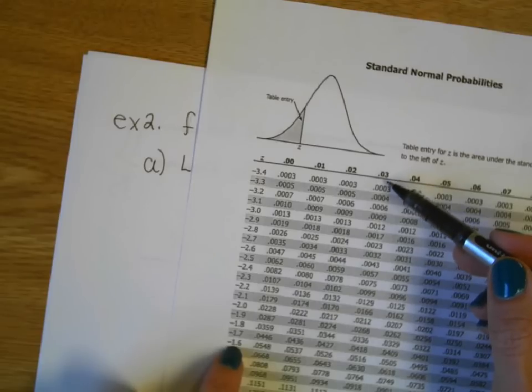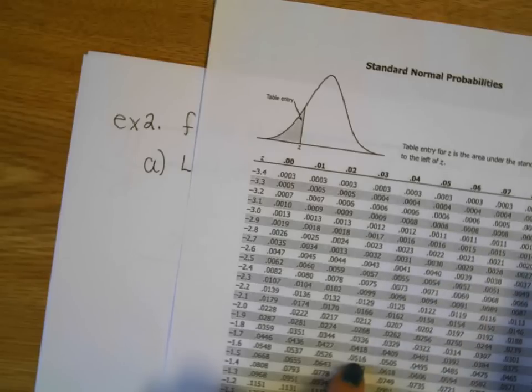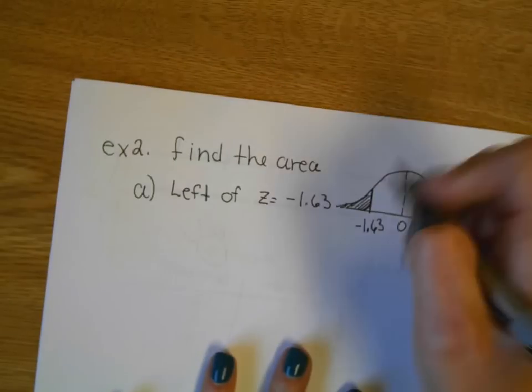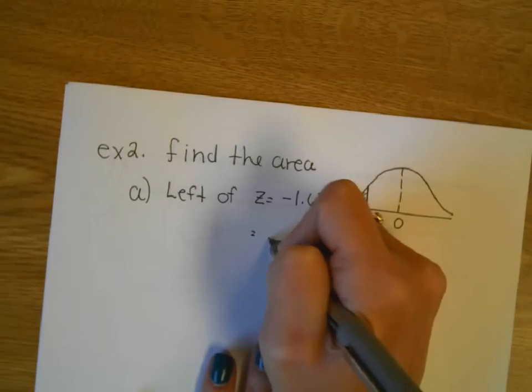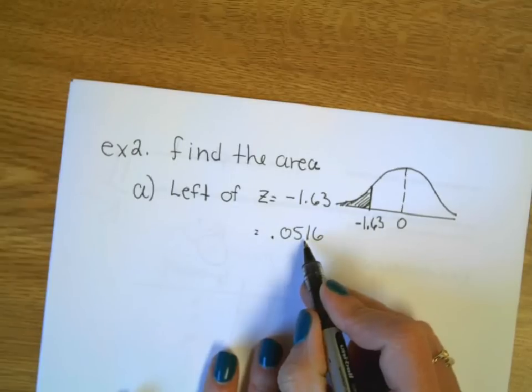I found a number. So how much area is behind it? 0.0516. So just over 5% of the graph is shaded behind it. So 0.0516. Everybody good? Yep. So this area is 0.0516, a little over 5% of the graph that's shaded.